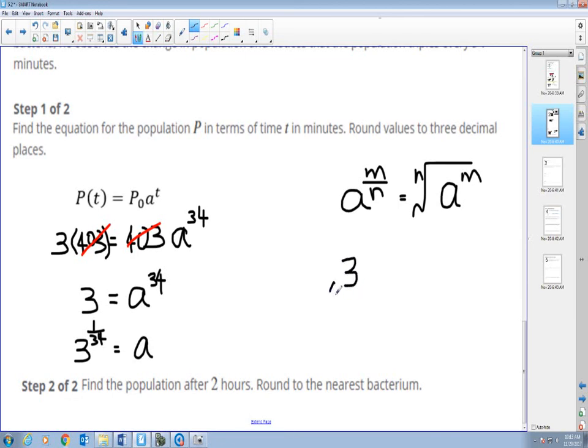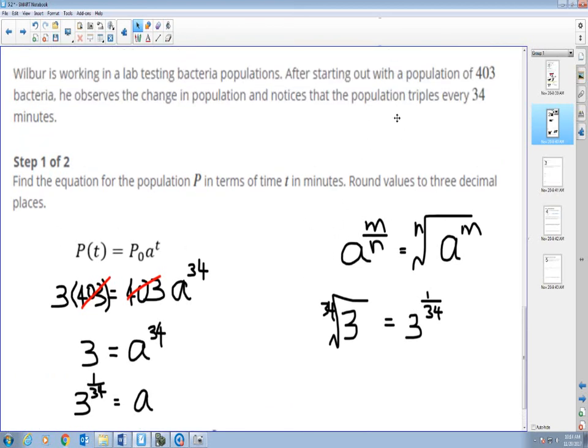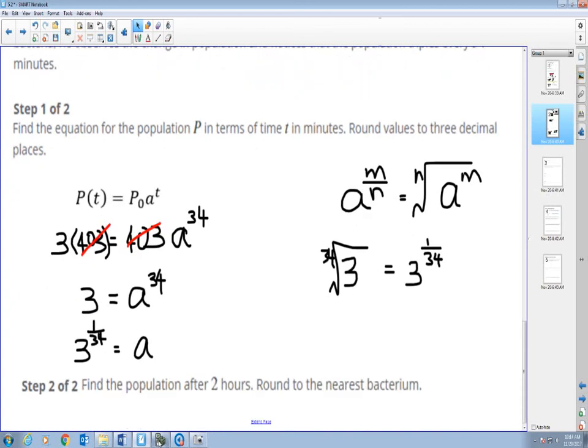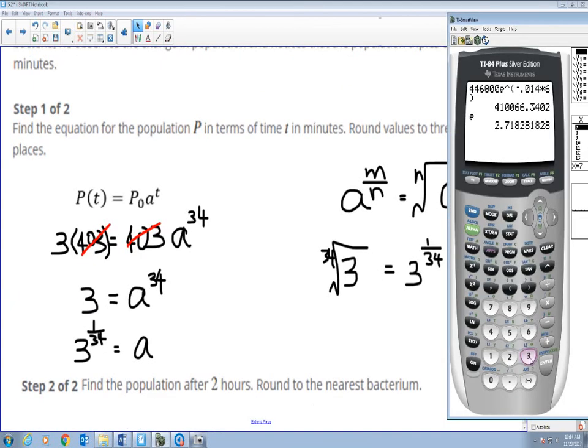The denominator determines the root. The numerator tells you the base is raised to that power on the inside. I'm not using negative because the problem says the population triples, so I have a growth. So this is going to be 3 raised to the parenthesis 1 over 34 power.